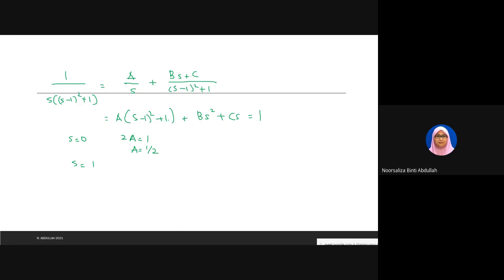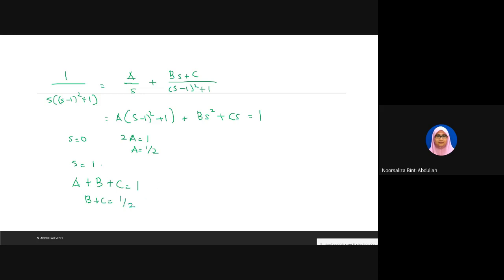So 0 plus dengan 1, so 1. So you have here is a plus b plus c equals to 1, and a equals to half. So b plus c equals to 1 over 2.